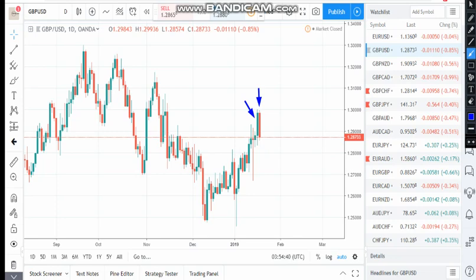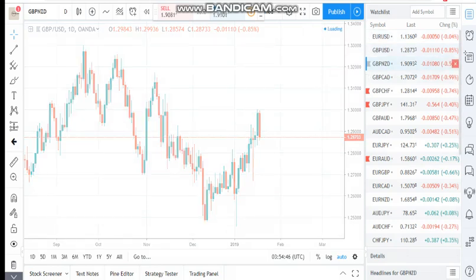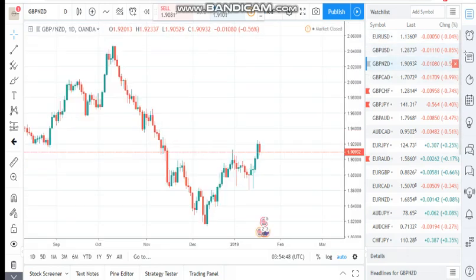Okay, so now if we move to GBP NZD and look at the last two candlesticks, we are seeing almost the same thing. On Thursday an engulfing candlestick up and a pullback, much shorter compared to the GBP USD.